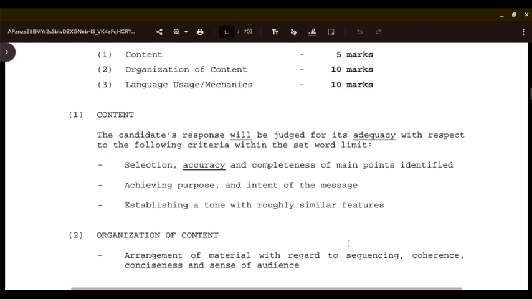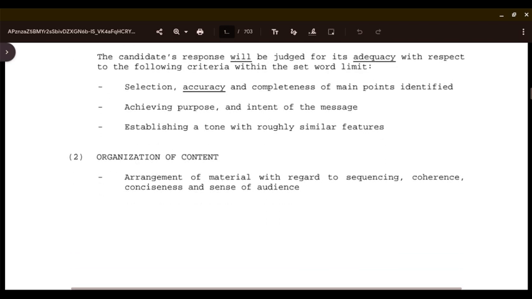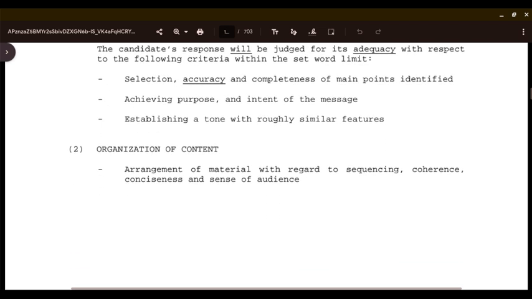Then we're going to look at organization of content. It's one sentence, which I think irks me a little bit. I think CXC could explain this with a little more clarity. But I'm going to tell you with the clarity that I have what this really means. Based on what information there is in this document, this now seems to be the summary section, and it would make sense because this is organization of content.